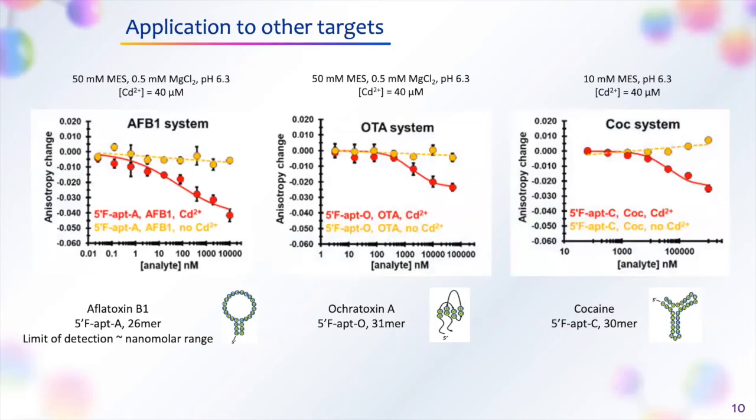This time we selected cadmium for making the dose-response curves. And we saw that the fluorescence anisotropy decreases in presence of metal ions, whereas the signal remains constant when metal ions are absent, showing that our method works for each system.